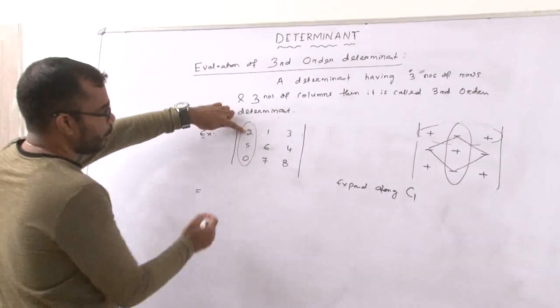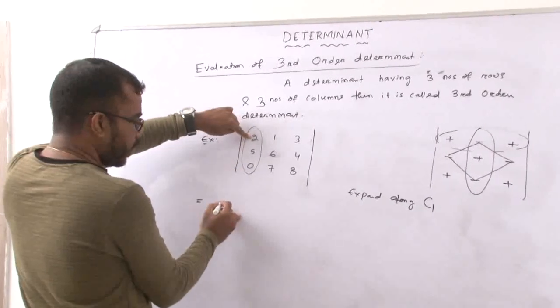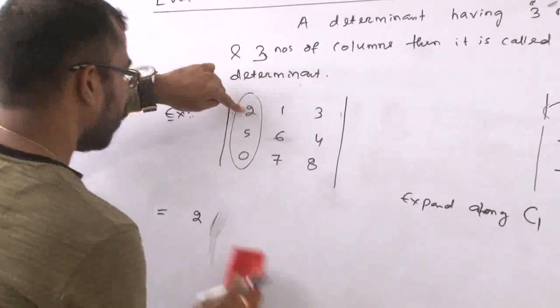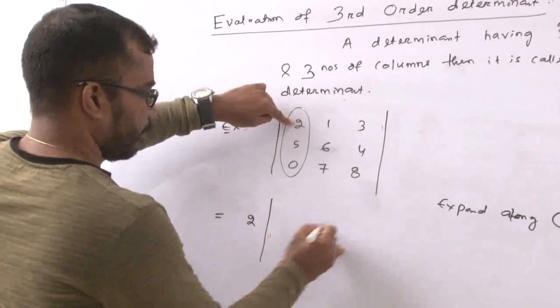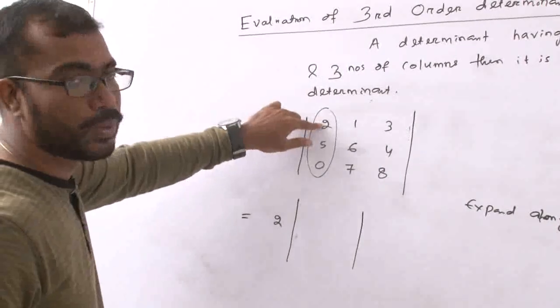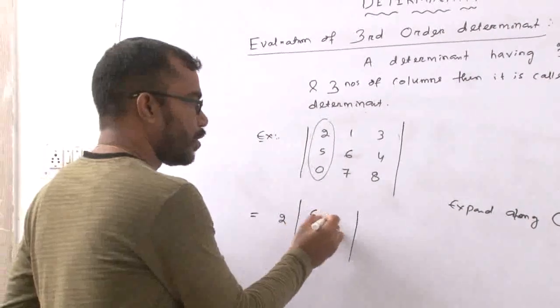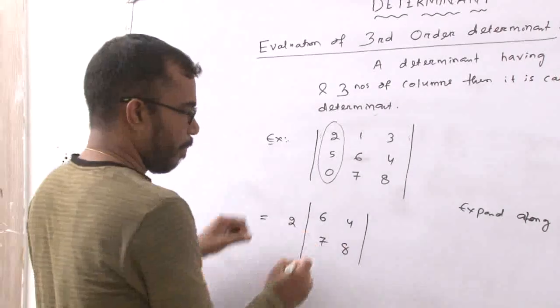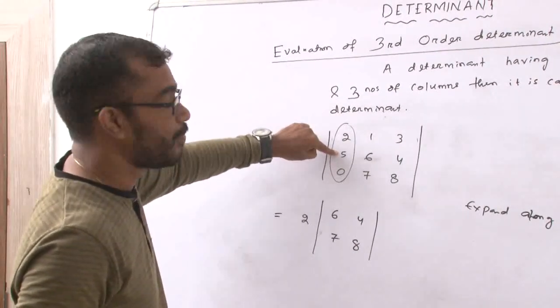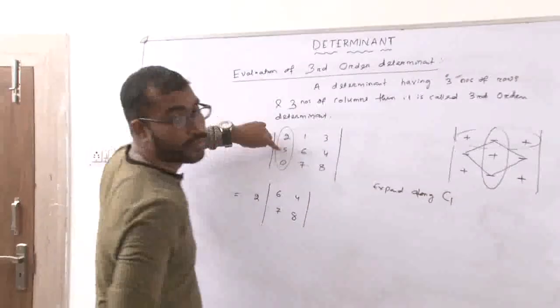So the first element is 2, that is positive. So 2 into, if we delete the row and column containing 2, we get 6, 4, 7, 8. And then the second value is 5, and that sign is negative.